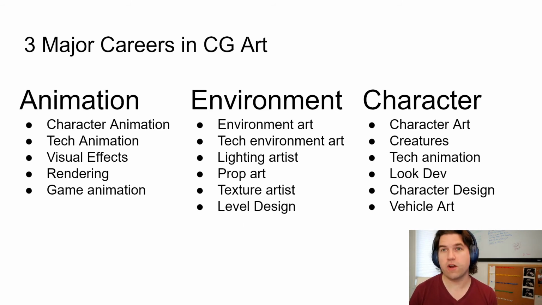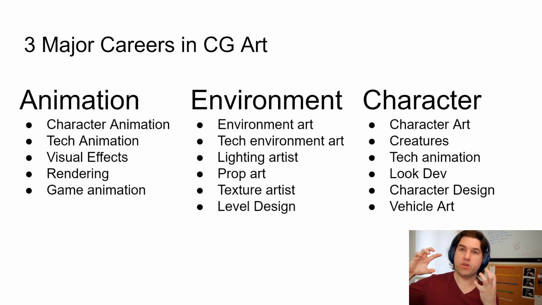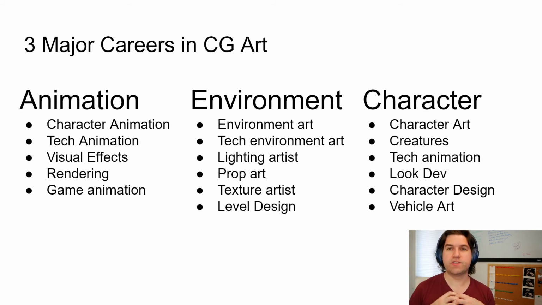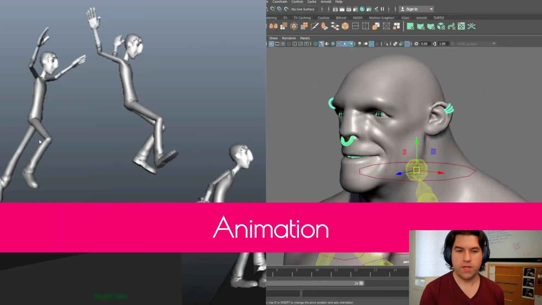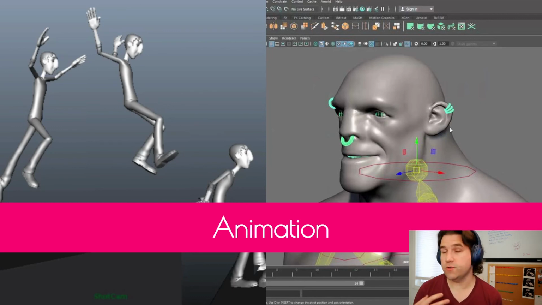It could be a car or a gun in a Call of Duty game because it's a huge focal point. This is putting detail into something that is communicating the story or is an important part of what we're supposed to understand. So animation is everything from actually making the characters move and animate in a project to creating the rigs that are necessary to create the animation moving, or doing things like motion capture data and cleaning it up so that it can be used in a film or game.